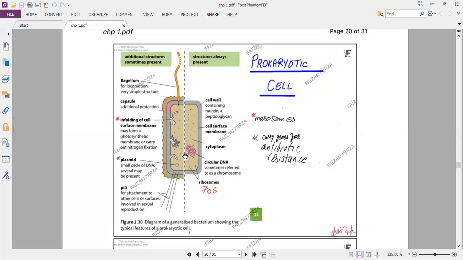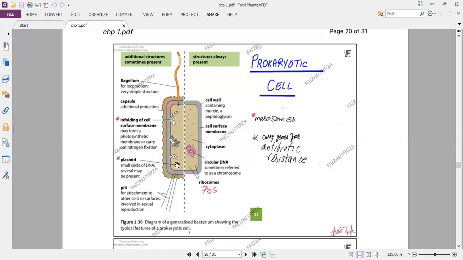Some bacteria can have multiple plasmids at the same time, and bacteria have the ability to copy a plasmid and pass on the copy to another bacterium which initially lacks the plasmid. So when the plasmid is copied and passed on to another bacterium, both bacteria will end up having the same antibiotic resistance, and when they keep on dividing, the entire colony will have the antibiotic resistance, and that antibiotic will become useless.